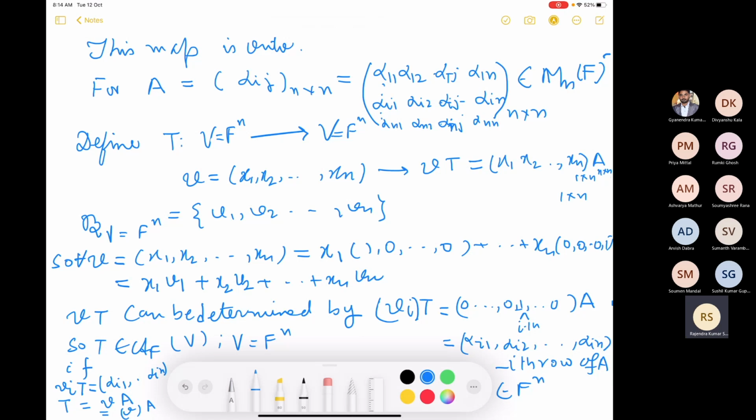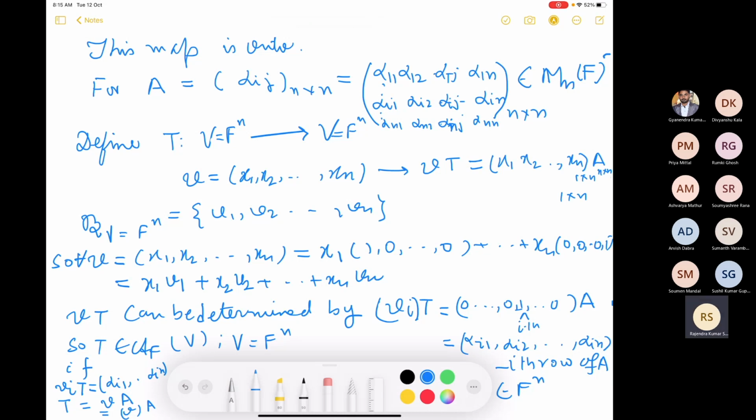Now, because of the one-to-one correspondence, every linear transformation we shall be identifying by its corresponding matrix with respect to an ordered basis, and this ordered basis more often is taken as the standard basis. Likewise, the algebra of matrices also has a standard basis.